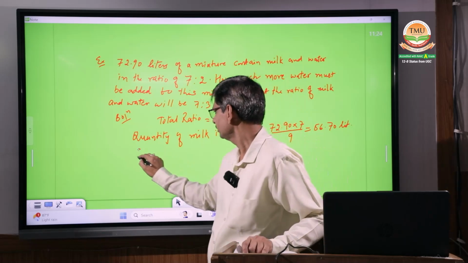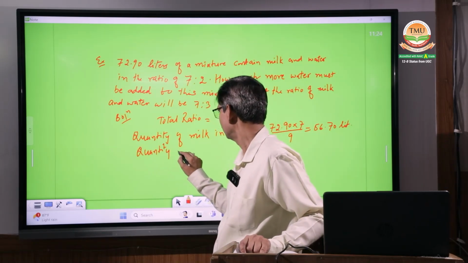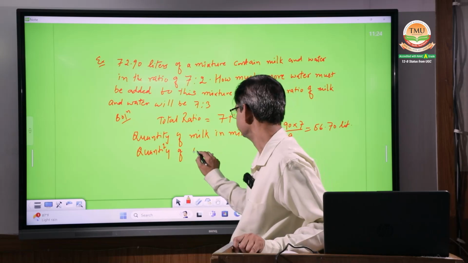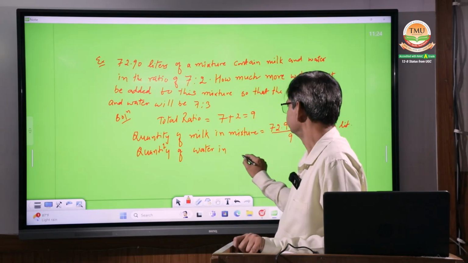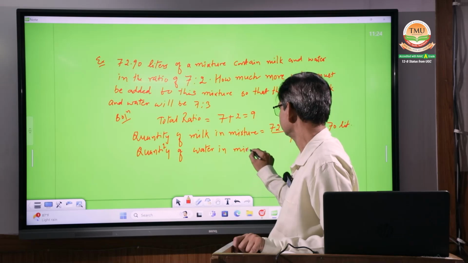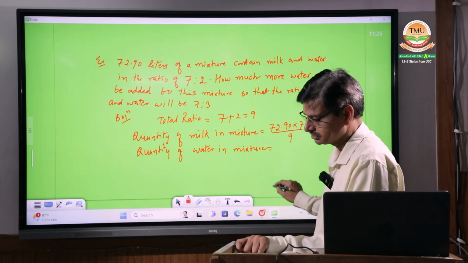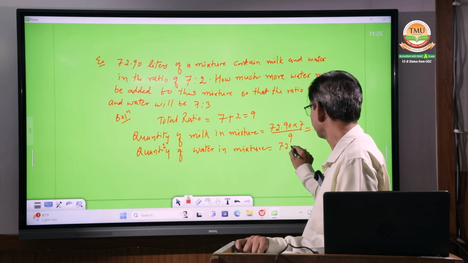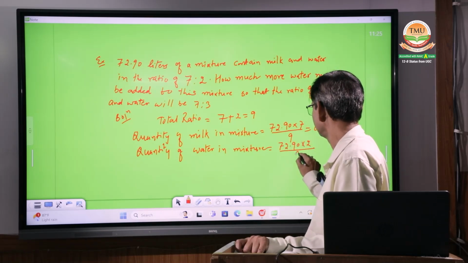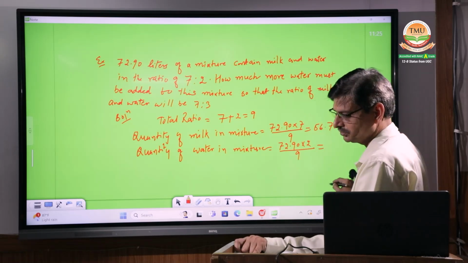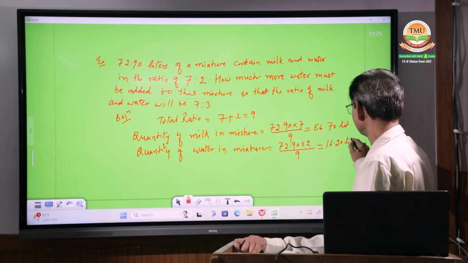Now quantity of water in mixture is 72.90 into 2 upon 9, which will be 16.20 liter.